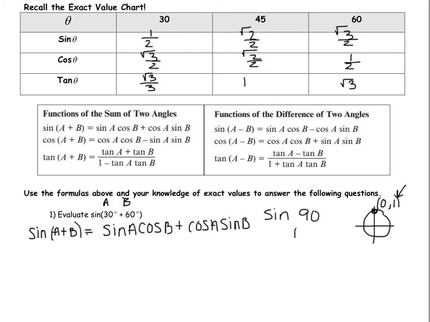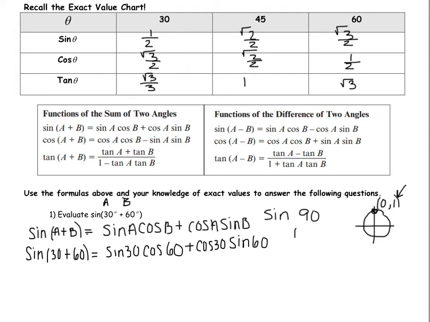So we want to write sine of 30 plus 60. So sine of 30, since a is 30, cosine of 60, since b is 60, plus cosine of a, where a is 30, so cosine of 30, and then sine of b, where b is 60.